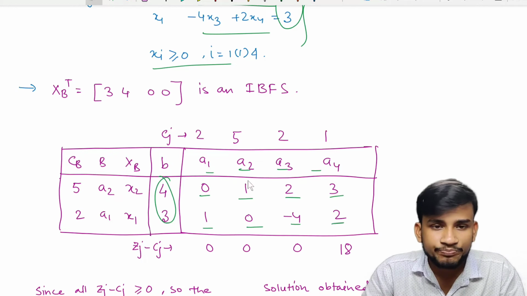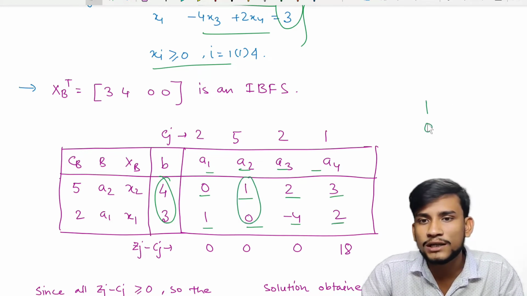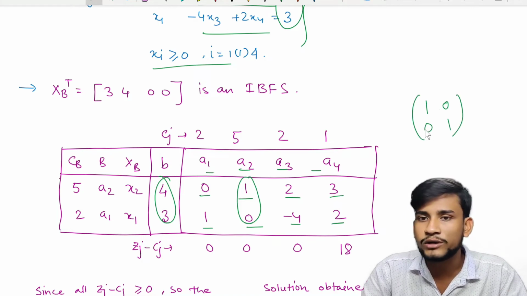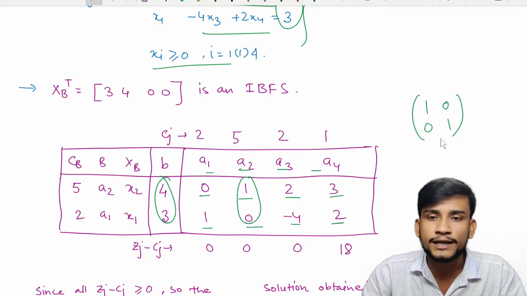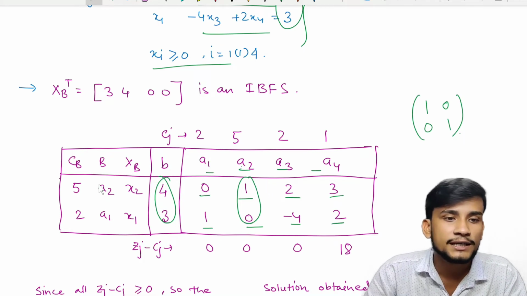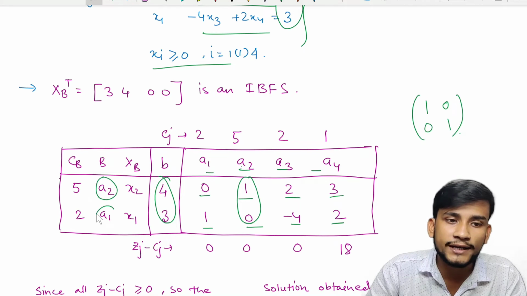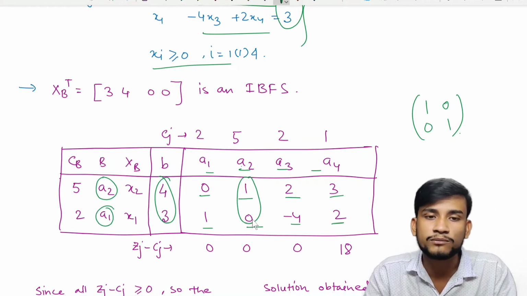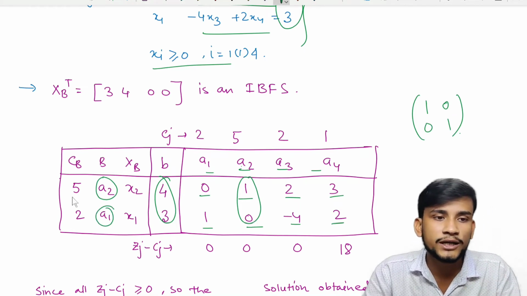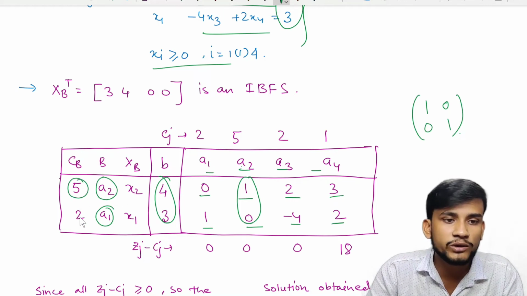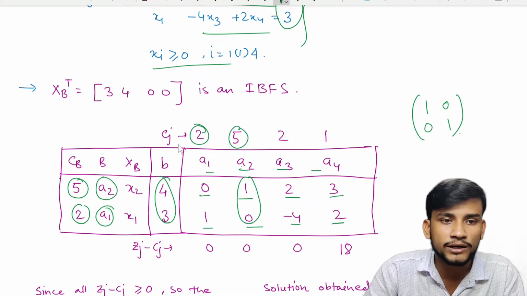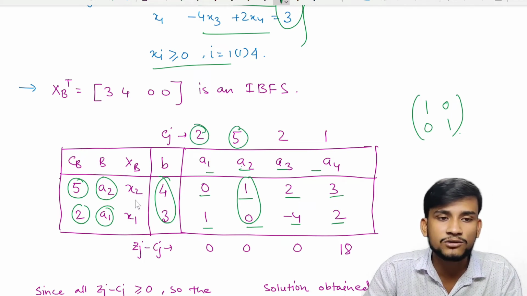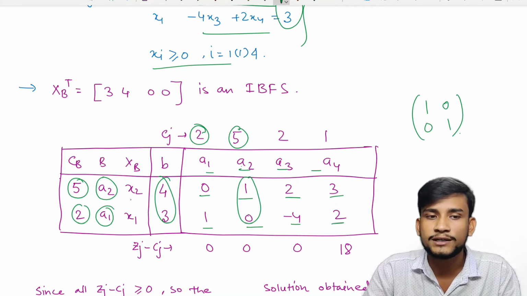So see here, a2 and a1 form the basis, since 1, 0, 0, 1 is a unit matrix corresponding to a2 and a1. First we write a2, then a1. Here we write the cost corresponding to a2 and a1: the cost corresponding to a2 is 5 and the cost corresponding to a1 is 1. The basic variables corresponding to these vectors are x2 and x1.